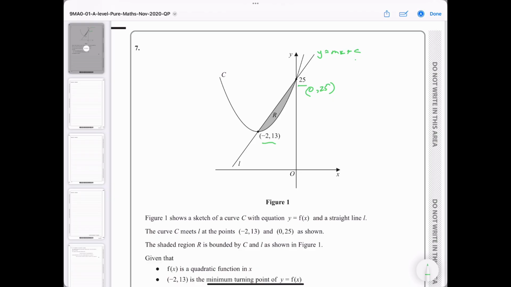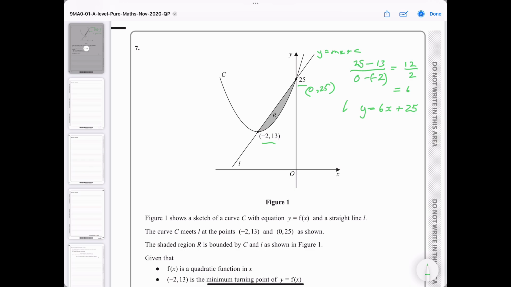So let's do 25 minus 13 over 0 minus -2. So that equals 12 over 2, which equals 6. And it goes through the point (0, 25), so we know that L is y equals 6x plus 25. So we've done that bit.